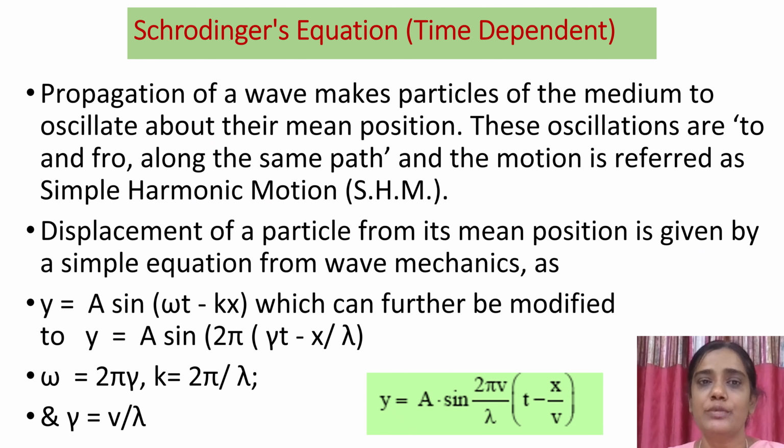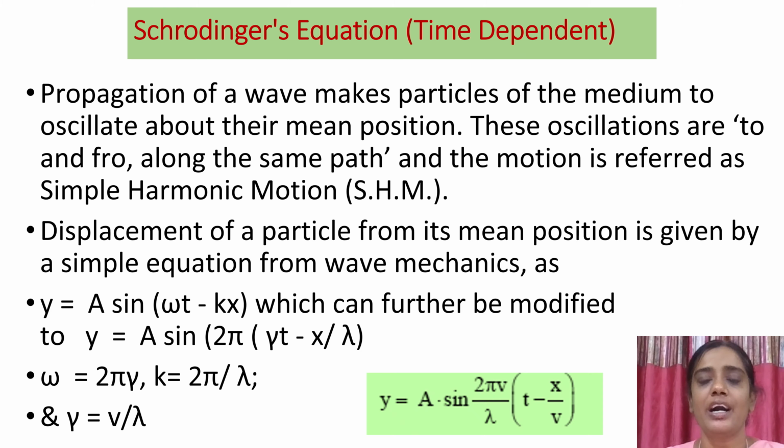When the wave is propagating along a medium, it makes the particle oscillate about its mean position. The oscillation to and fro along the same path, we know, is referred to as simple harmonic motion. The displacement due to the simple harmonic motion is described by the simple equation y is equal to a sine (omega t minus kx).